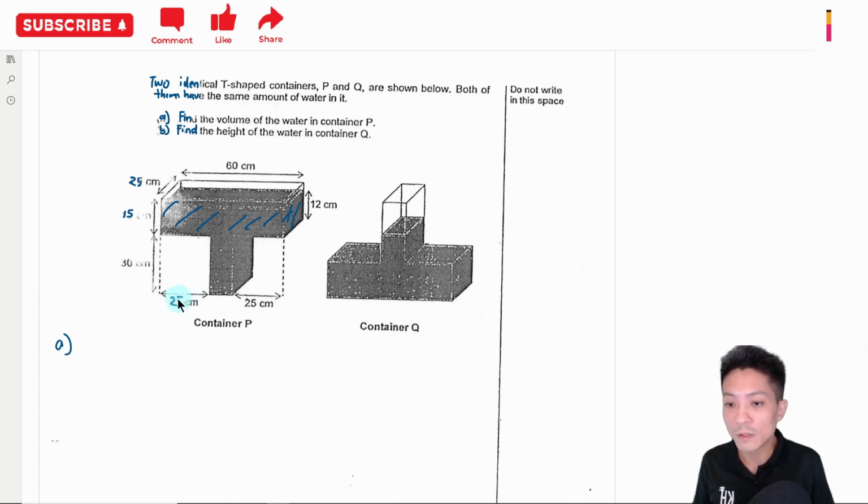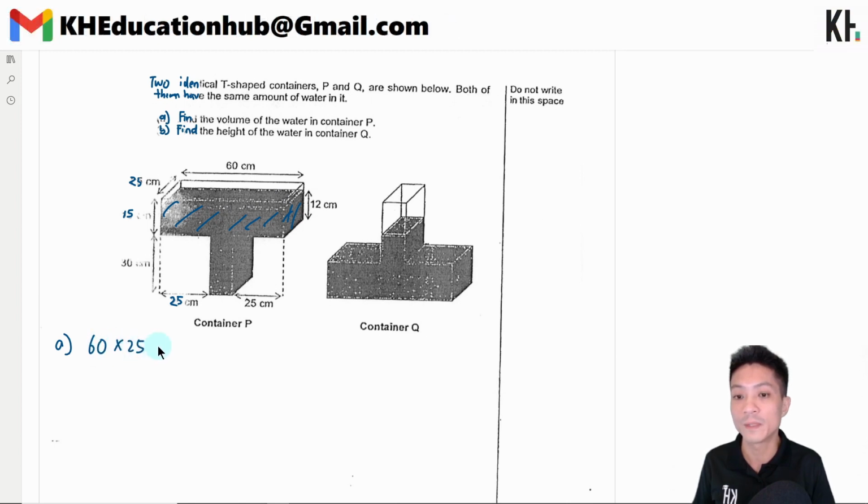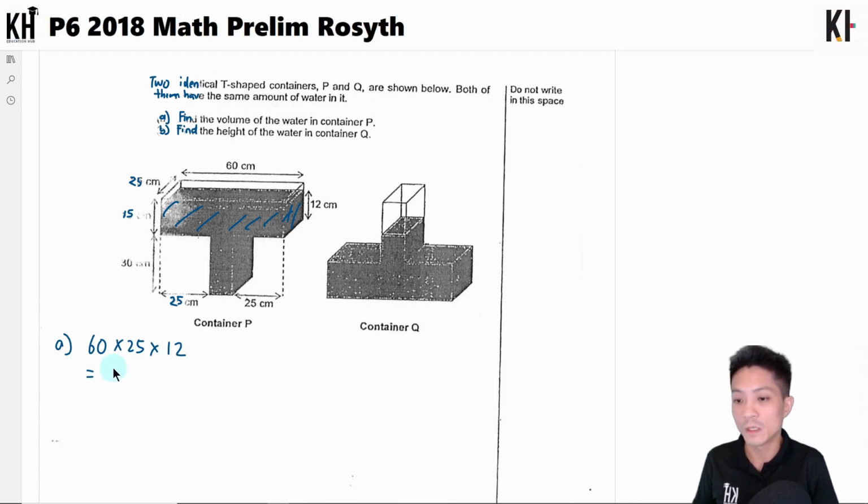This also 25. So the volume of the water at the top part will be length times breadth times height, right? So 60 times 25 times the height of the water, which is 12. 60 times 25 times 12 will give me 18,000.